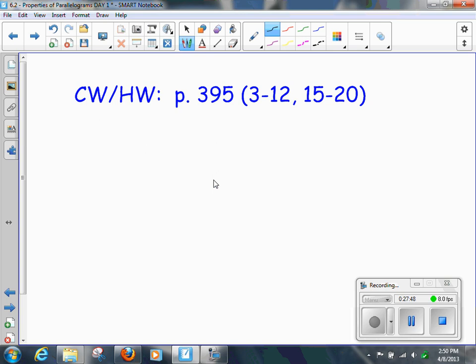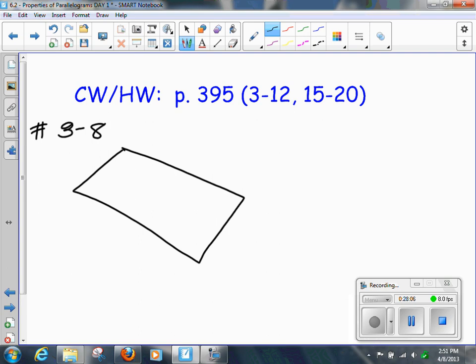It's got that fence, the handrail. Look at that handrail. For 3 through 8, it looks something like this.